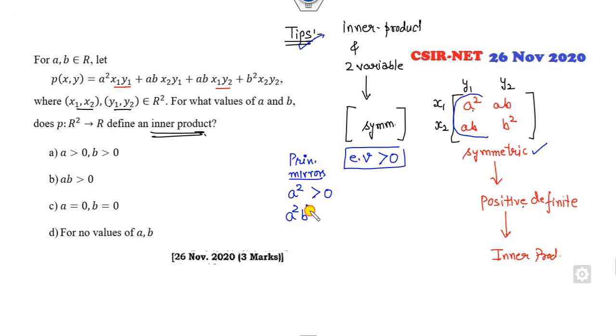It's a square b square minus a square b square, which is not greater than 0 for all a, b. It means it is not positive definite, so it is not an inner product. So for what values of a and b? There is no value of a and b for which this is an inner product. So that is a simple way.